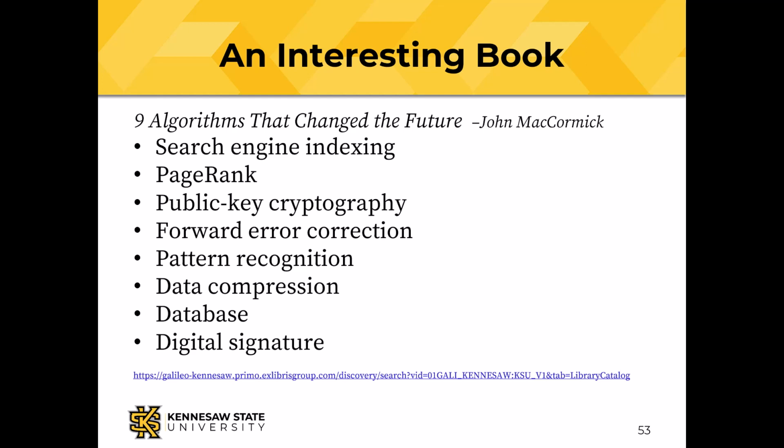But search engine indexing and the PageRank algorithm that started Google, public key cryptography, which we'll talk about toward the end of the semester, forward error correction, pattern recognition, data compression, databases, and digital signatures. This book is in the Sturgis Library on the Kennesaw campus, but you can request that it be sent to the Johnson Library using GIL Express, and then you can check it out and read it.